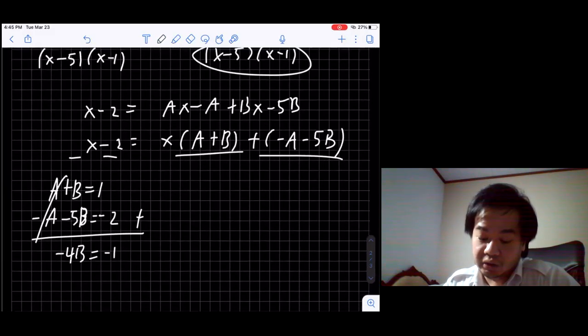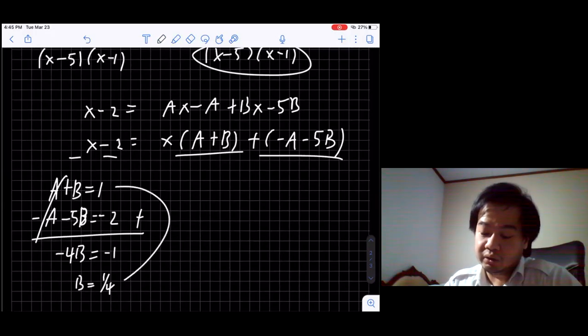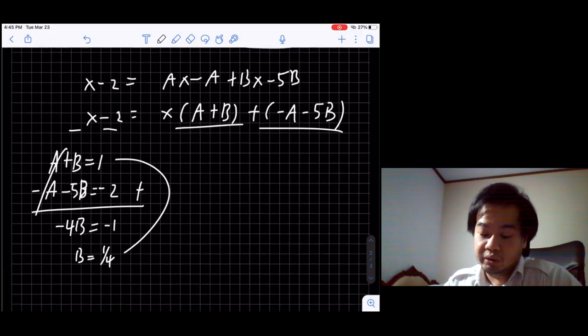So actually b is equal to 1 over 4. And if b is equal to 1 over 4, substitute it here, and a will be equal to 3 over 4.